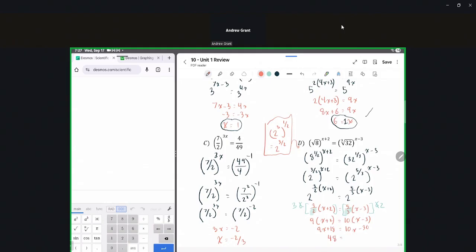We're going to subtract 9x from both sides and x. And so here we have our solution. As it turns out, if you have the square root of 8 to the power of x plus 2 is equal to the cubed root of 32 to the power of x minus 3, the value that makes both of these equations true is x has to be 48. So some huge number.